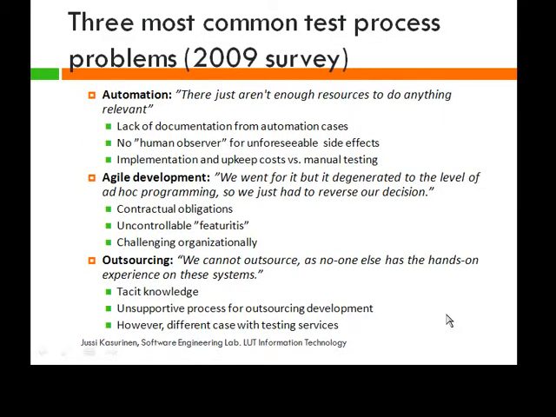Okay, the other thing we discussed was the most common test process problems. The organizations were asked to tell us what the problems with the testing work were. One was test automation: they just don't have enough time, money, or both to implement relevant test automation.